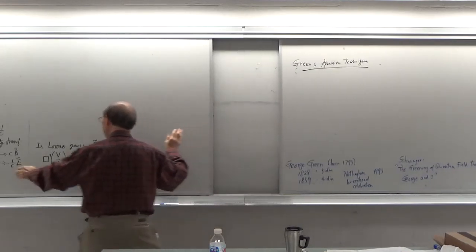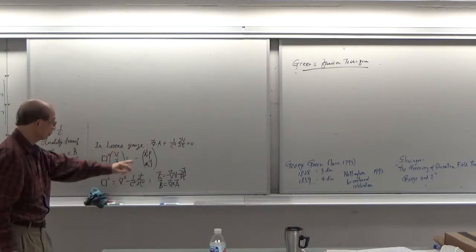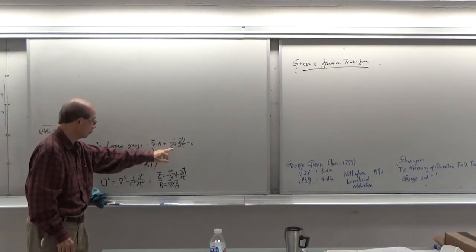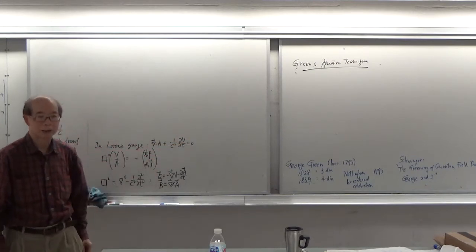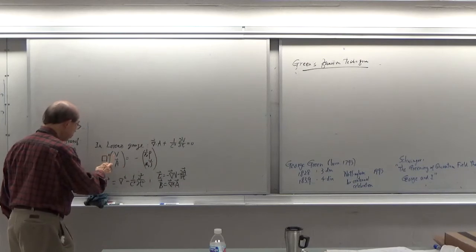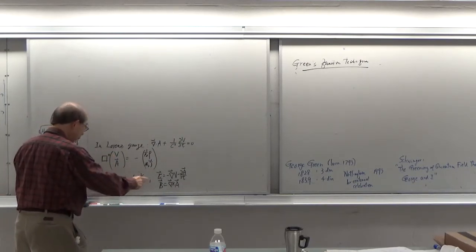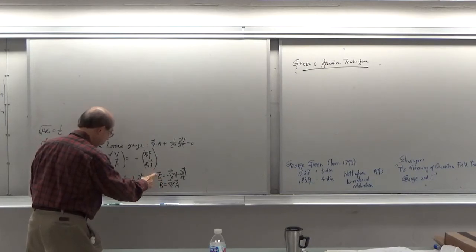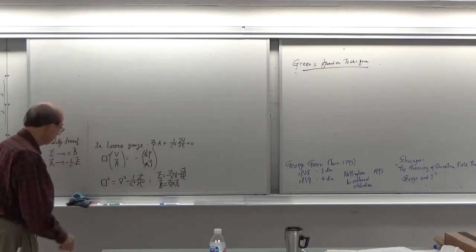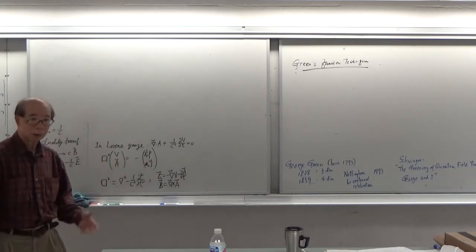Well, let me first of all remind you that in the Lorentz gauge, divergence A plus 1 over c squared del V by del t is 0. In this gauge, the potential and the vector potential, in terms of which you can write down the electric field E and magnetic field B right away, the differential equations for V and A look extremely similar.